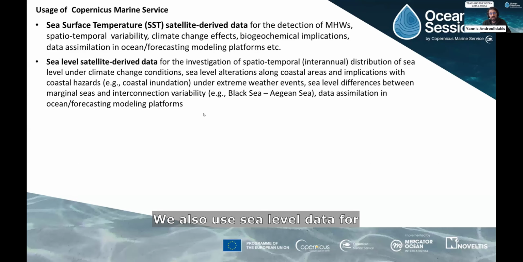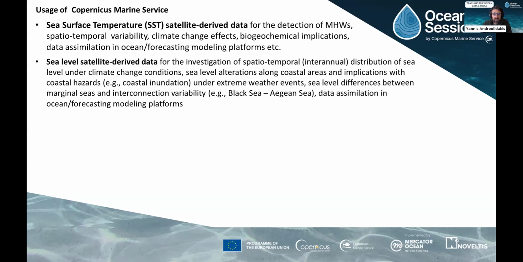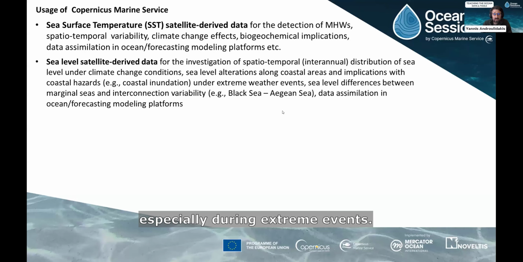We also use sea level data, also from satellites, for many applications, especially for sea level alterations along the coast and implications with hazards like storm surges and coastal inundation and flooding, especially during extreme events.